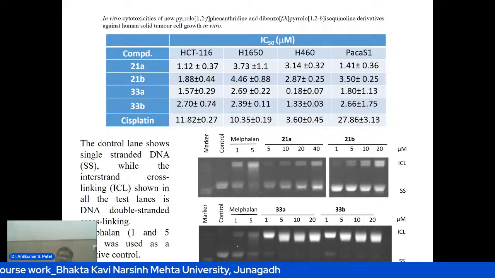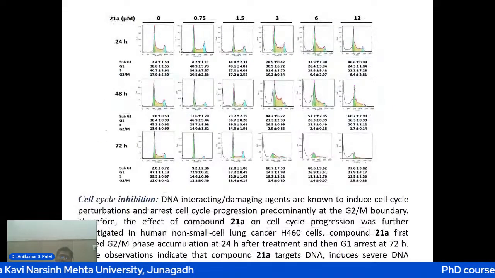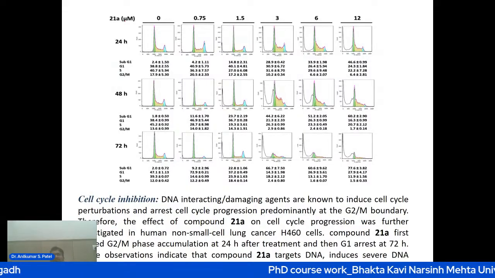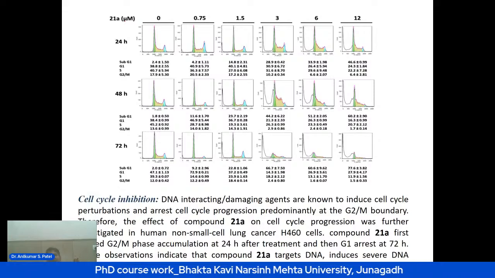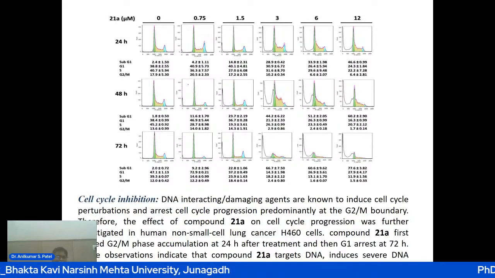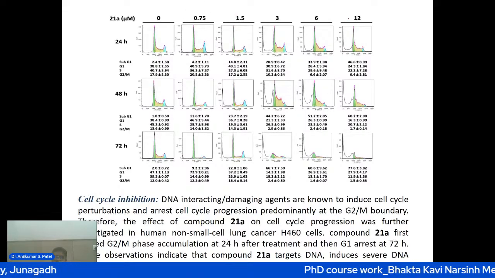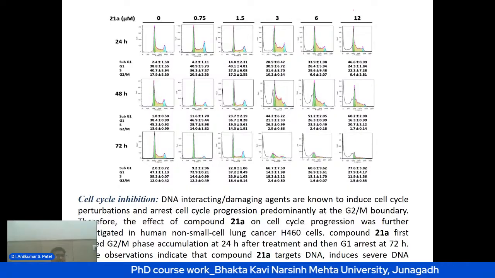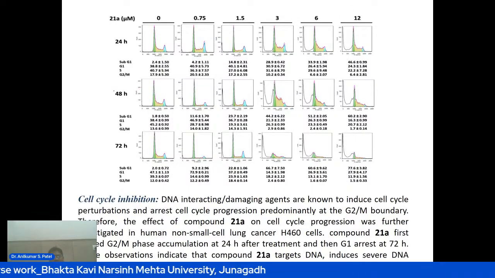Then after we have checked these molecules for cell cycle inhibition. We have run this study at different concentrations of the molecules, without compound, and with the compound at 2.75 micromolar, 1.5 to 12 micromolar, at 24 hours, 48 hours, and 72 hours.